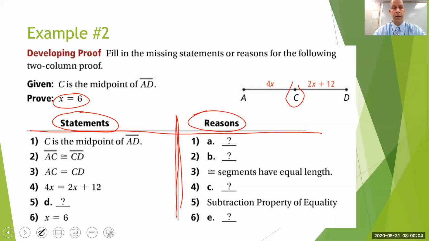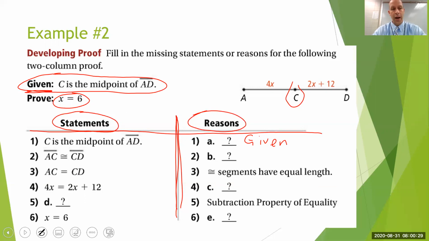So statement 1 is C is the midpoint of AD. Well, how do we know that statement's true? We know it's true because it was given. The very first thing in most proofs you want to do is look at what is given. The only thing that's given in this particular problem is that C is the midpoint of AD. So that's easy. That's given.